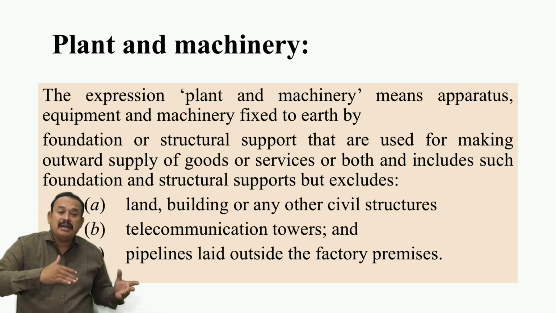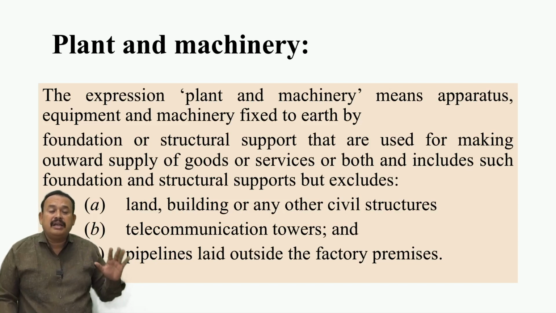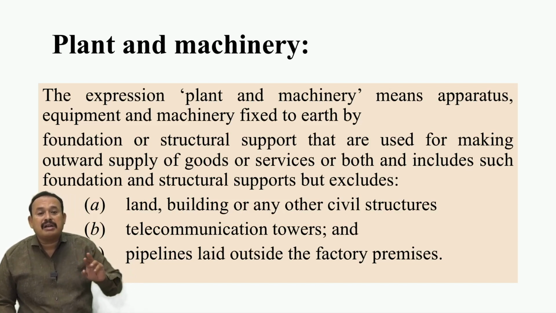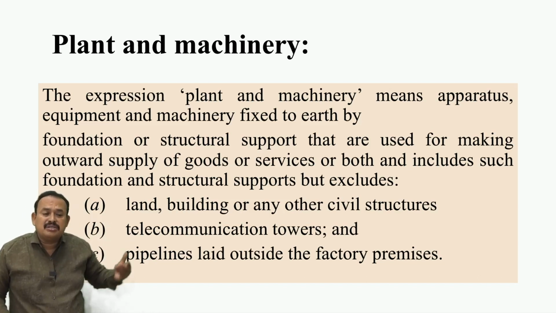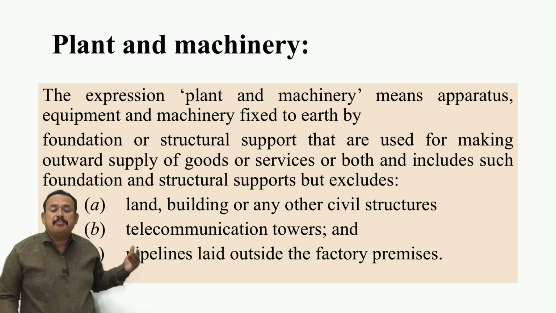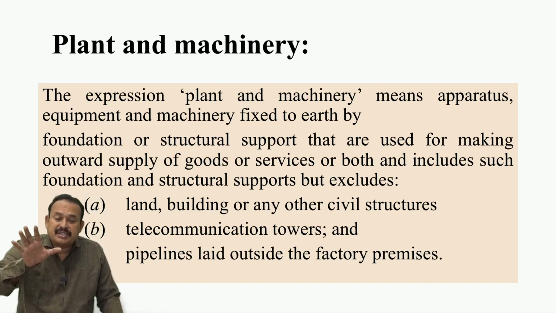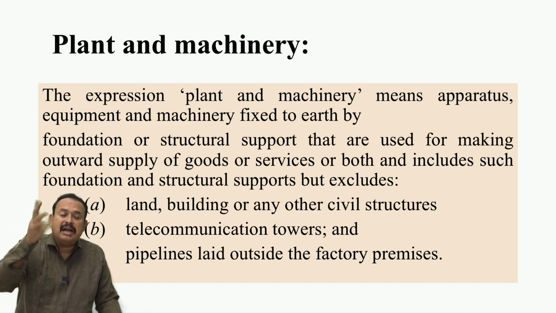Thereby, for works contract service received for these, ITC is not allowed. Other than these three, for plant and machinery, ITC is allowed, even though it is a works contract in relation to plant and machinery, which is not land, not telecommunication towers, and not pipeline laying outside the factory. If it is works contract service in relation to a civil structure, ITC is not allowed.